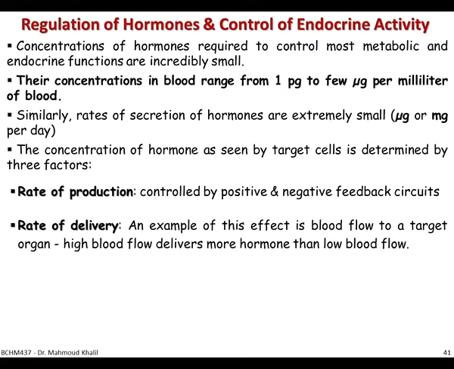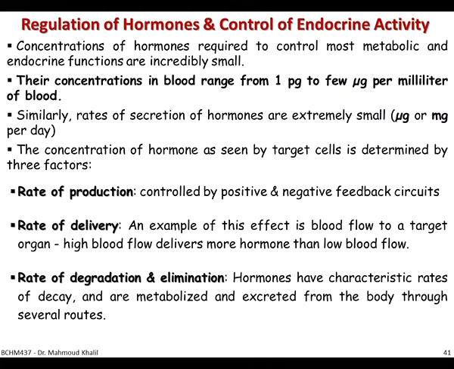As well, the sensation of the target cell depends on the rate of delivery of the hormone. An example of this effect is the blood flow, because hormones are in blood. High blood flow to the target organ will deliver more hormone than low blood flow. And as well, the rate of degradation and elimination. Hormones normally have a characteristic rate of decay.